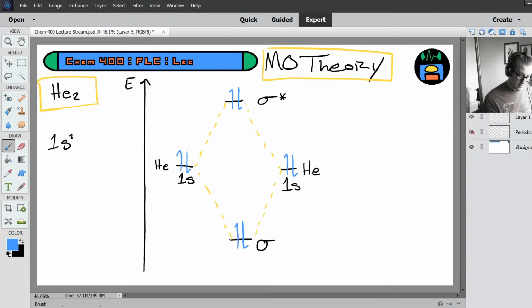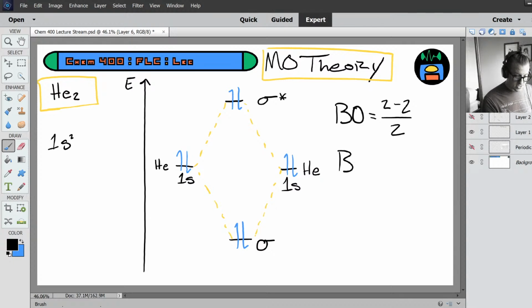If we calculate the bond order for dihelium, the molecule, bond order is equal to the number of electrons in bonding orbitals, which is 2, minus the number of electrons in anti-bonding orbitals, also 2, divided by 2. Now, 2 minus 2 is 0, and 0 divided by 2 is 0.